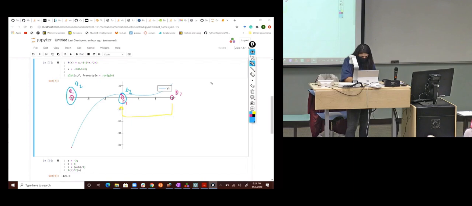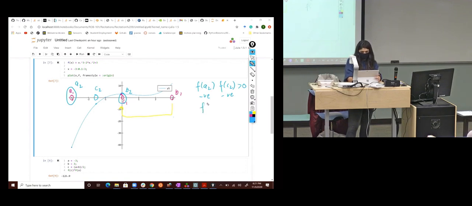looking at the graph. This was A2, B2, and then the C2 we found was the midpoint right here. We check f of A2, which is a negative value, and f of C2, which is a negative value. Just by looking at it, f of A2 times f of C2 is negative times negative, so this will be greater than 0, which means there isn't a root between these two points.